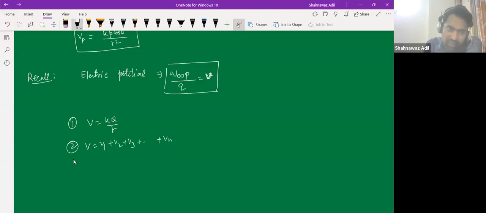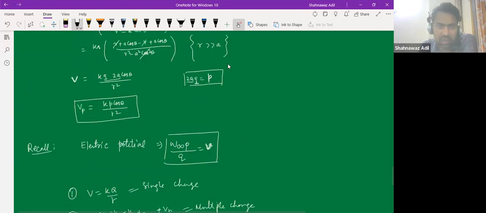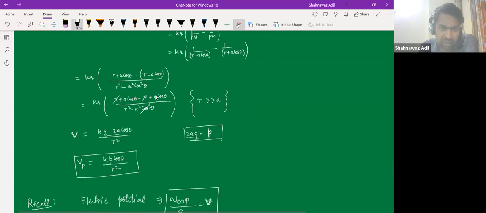And then we calculated the electric potential of a dipole: single charge, multiple charges, and then dipole. So what was the electric potential of a dipole? Remember? That was kp cos theta by r square. Right. This was the potential of the electric dipole that we calculated.